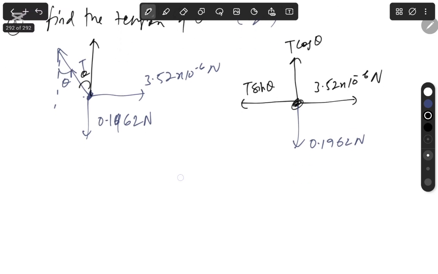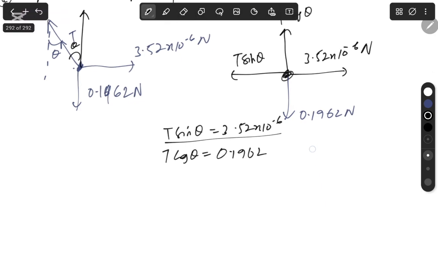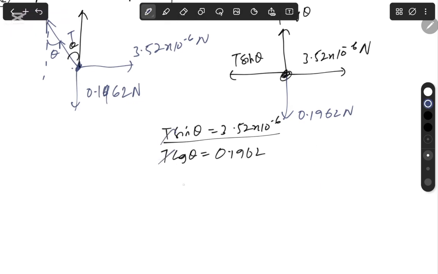And then we can say that T cos theta is equal to 0.1962 and T sin theta is equal to 3.52 times 10 to the power of minus 6. We can divide both sides and T cancels out. Sin theta over cos theta is tan theta, equal to 3.52 times 10 to the power of minus 6 divided by 0.1962, so you can find the theta value.